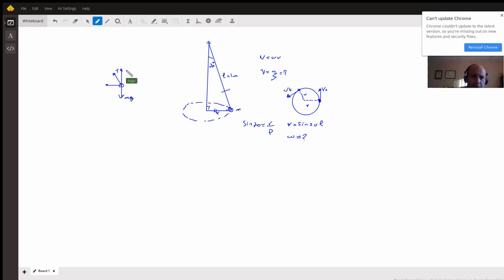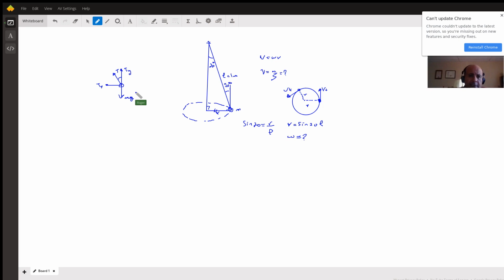For simplicity, let's call this T sub y, the vertical component, and T sub x, the horizontal component. Now looking at this angle and this angle here, they are alternating angles. Therefore, this angle is also 20 degrees.